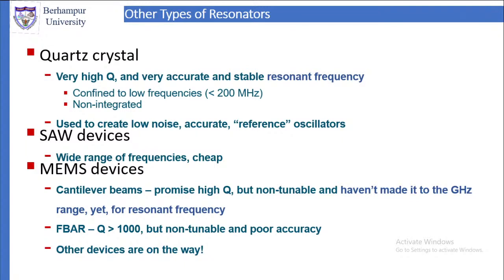This is cheap and is particularly used in audio frequency. MEMS devices use cantilever beams. They promise high Q, but they are not tunable because once you design the beam, it is fixed, and they don't have the range up to gigahertz. The resonant frequency is below 1 gigahertz. Q is greater than 1000, but this is non-tunable and has poor accuracy.